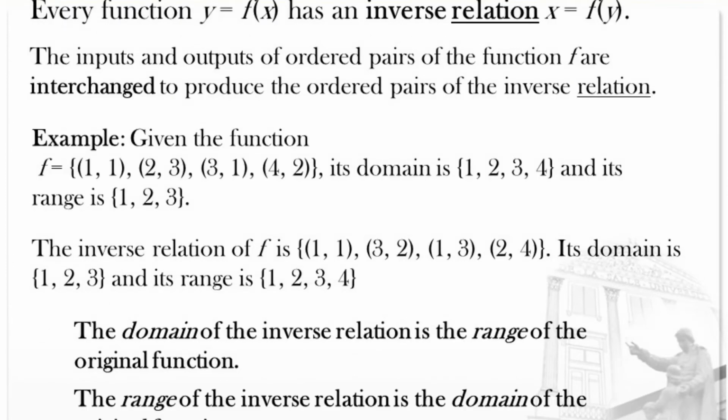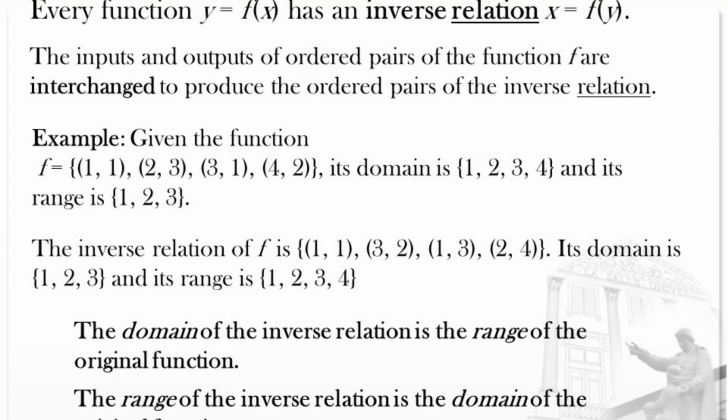Every function y = f(x) has an inverse relation, which is x = f(y). The inputs and outputs of the ordered pairs of the function are interchanged to produce the ordered pairs of the inverse relation. For example, given the function with ordered pairs (1,1), (2,3), (3,1), (4,2), its domain is 1, 2, 3, 4 and its range is 1, 2, 3.